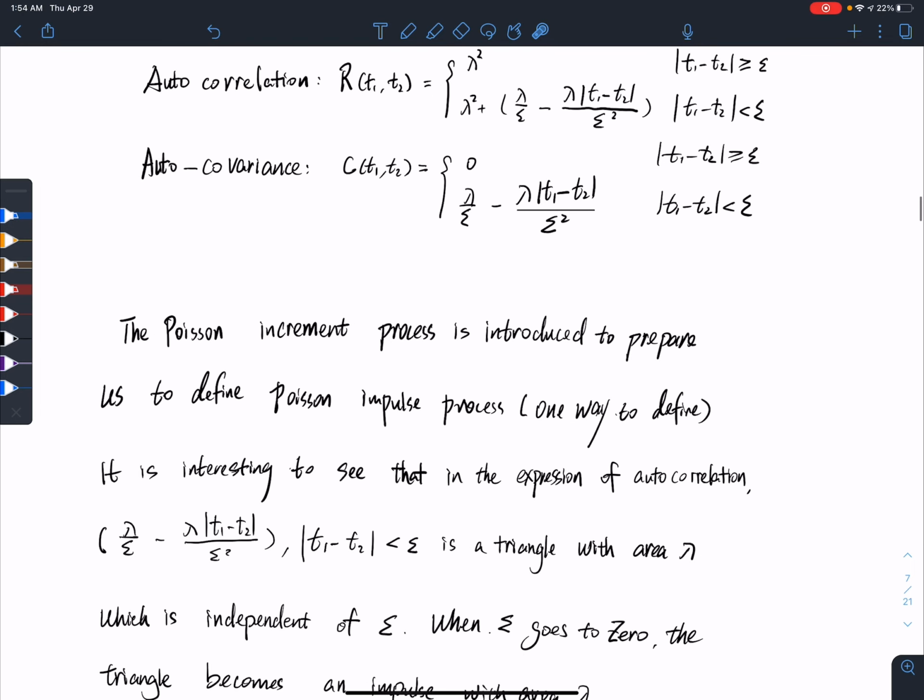The Poisson increment process is introduced to prepare us to define the Poisson impulse process, one way to define it.